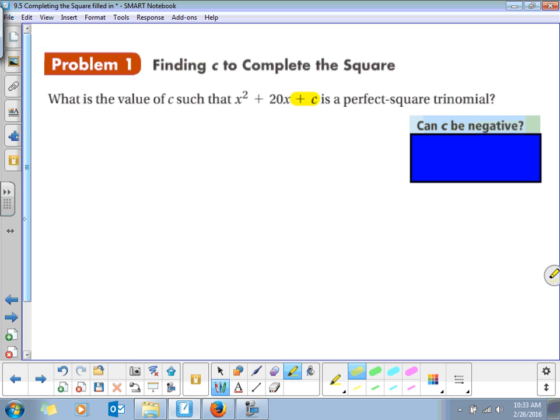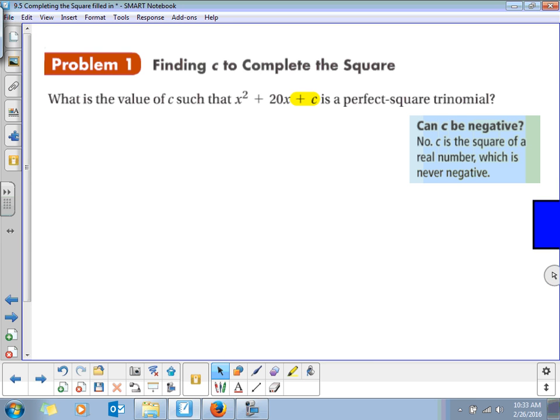According to what we just talked about in the previous slide, can c be negative? Because you have to square it. Very good. So c is the square of a real number, which means that you can never have a minus c.